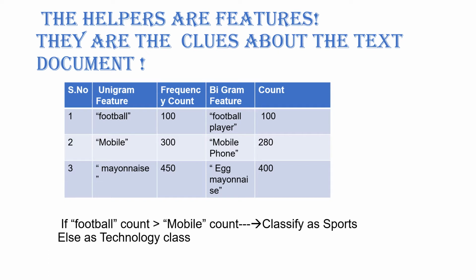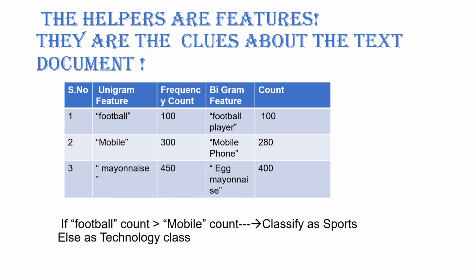One way of doing this would be to have some clues to know about the topic of the text document. The clues are going to be the words, because the words present in the documents are representative of those documents and of the topics of the documents, and they are brilliant clues for the particular document.